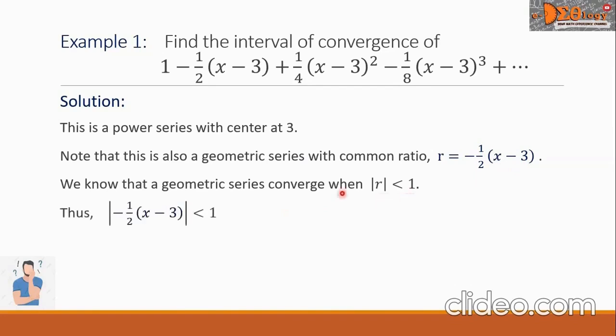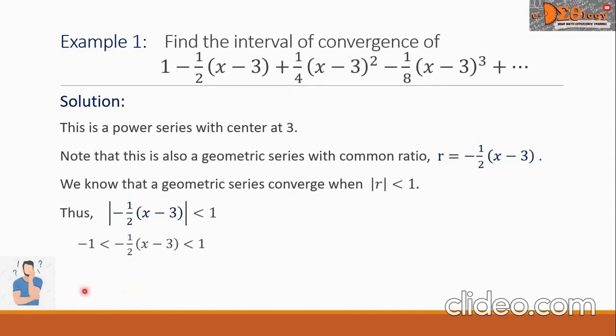Thus, we're going to copy this value of r in here, and then let us represent this in terms of a double inequality. And it will be like this. So the common ratio is between negative 1 and positive 1.